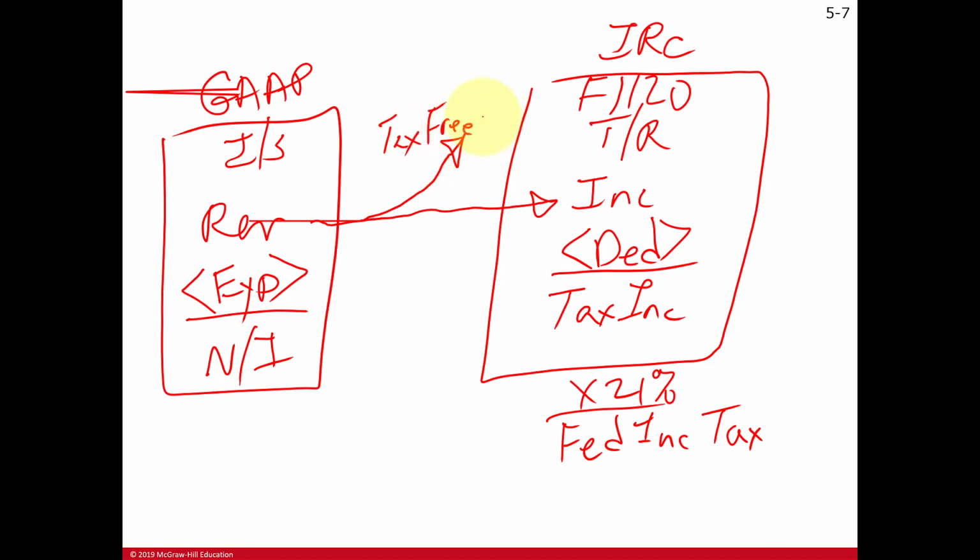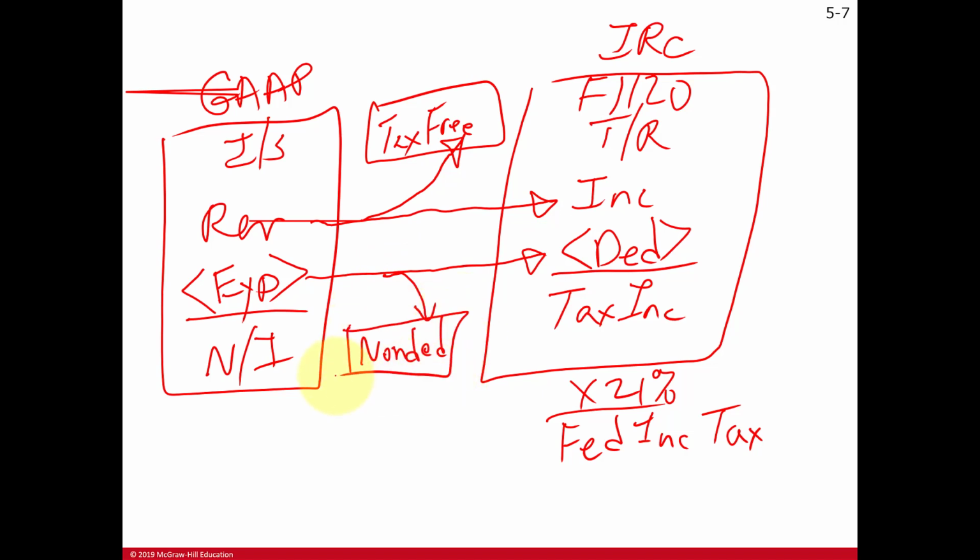Okay, not taxed on the tax return. And most of the expenses will be probably transferred on the tax return and deducted, but some are non-deductible, not subtracted on the tax return. Okay, so taxable here and deductible here.